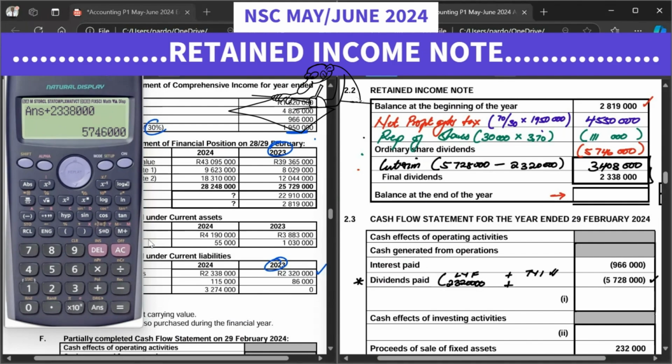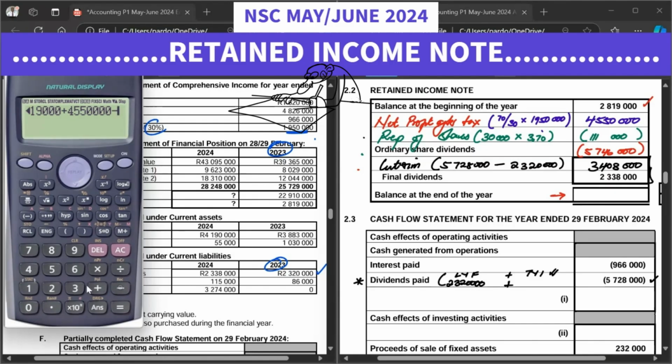And then that will now give me the balance at the end. And for you to get the balance at the end, we're going to take it from the top. Let me start with the right balance at the beginning. The right balance is 2,819,000. Then I say plus the net profit, 4,550,000.